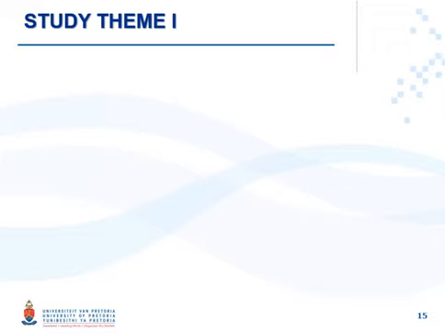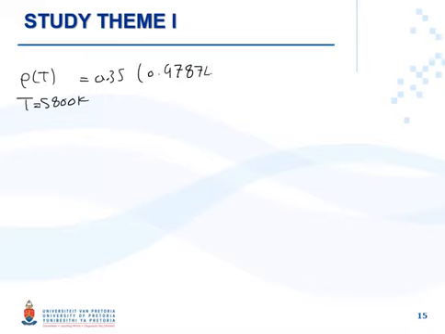Okay, now by knowing these two numbers, we can just put them into the equation. So rho T for temperature of 5800 Kelvin is equal to 0.35 times 0.978746 plus 0.95 times 1 minus 0.978746, which is equal to 0.362.